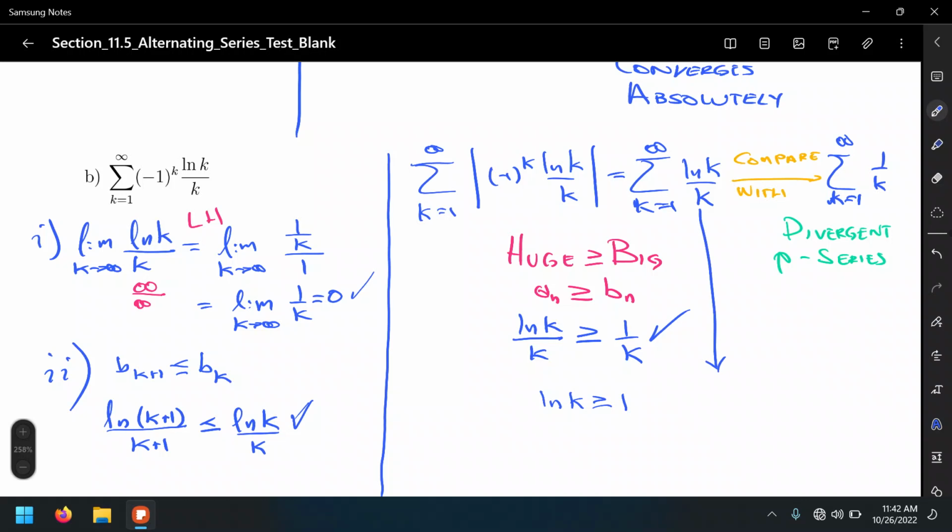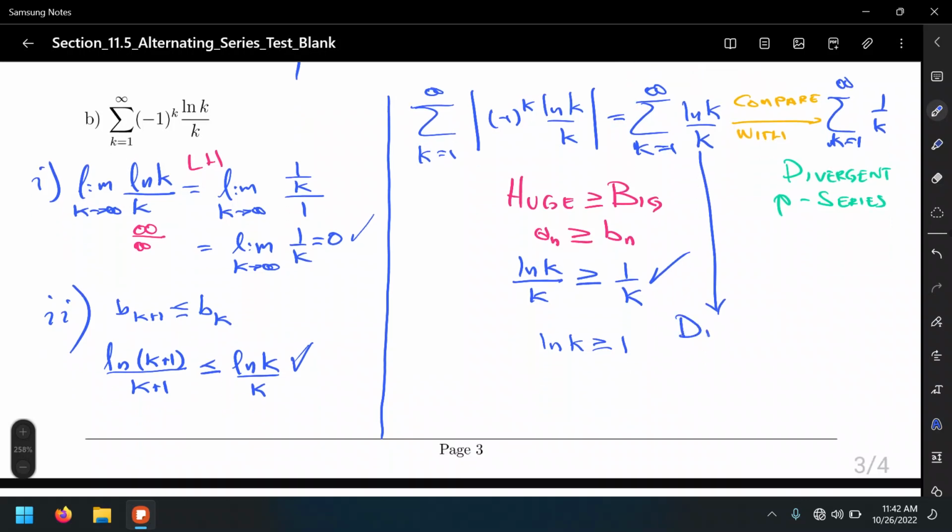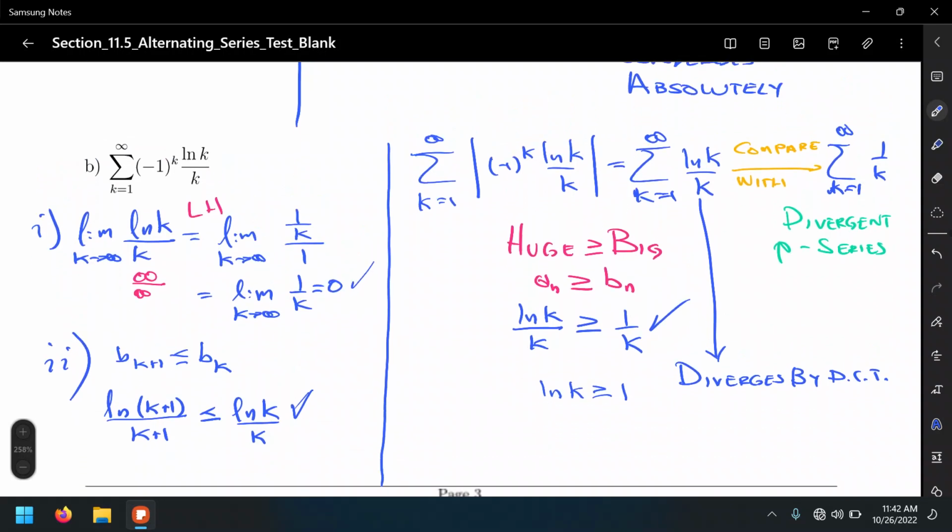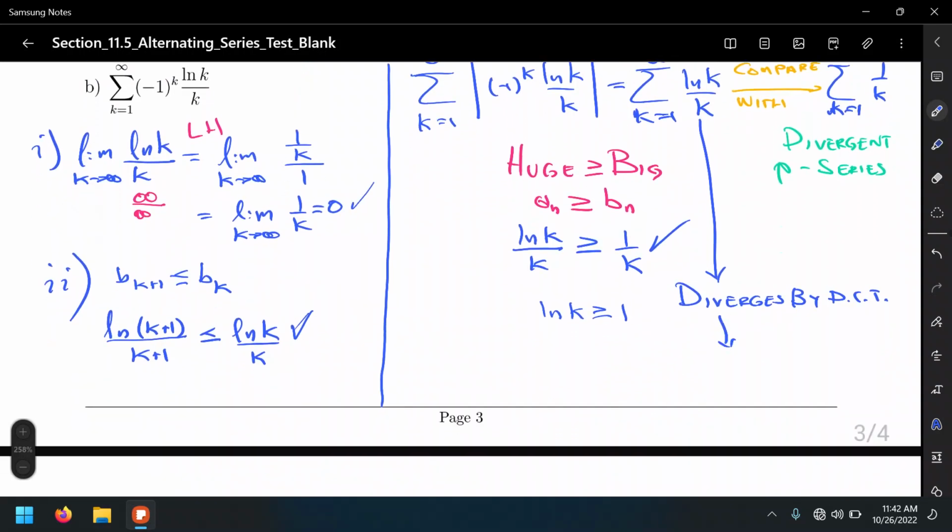This means that the series diverges by direct comparison test, and backtracking to the original alternating series, this series converges, not absolutely, but conditionally. Alright, so converges conditionally.